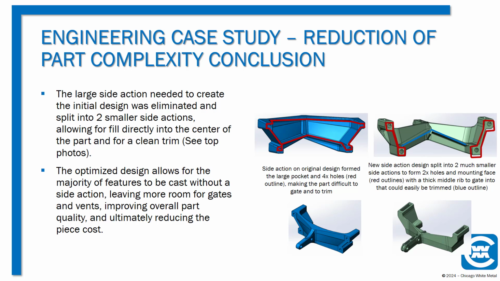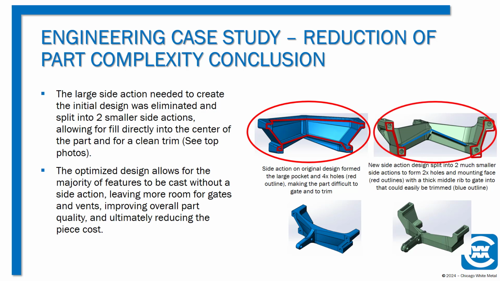And then when you look at what happened toward the end, originally we would have had to do a very large side action to create all this internal geometry here, and that would be very difficult. So when we stripped it all down and took a look at what actually needed to be in the product, where the mating surfaces were, we were able to come up with another design where most of this part can be made as an open and closed tool, and then have two smaller side actions to just create these surfaces at the bottom.